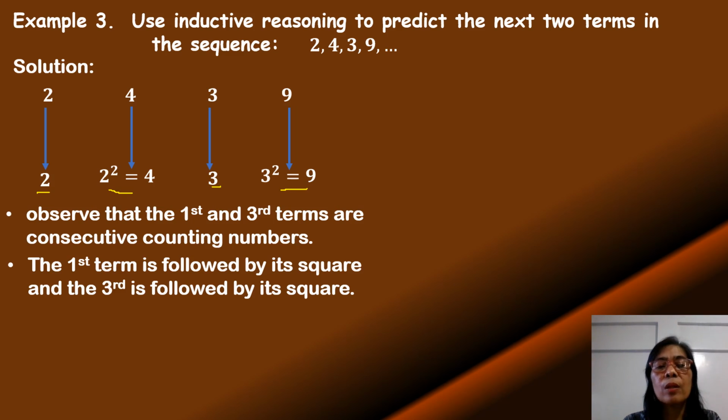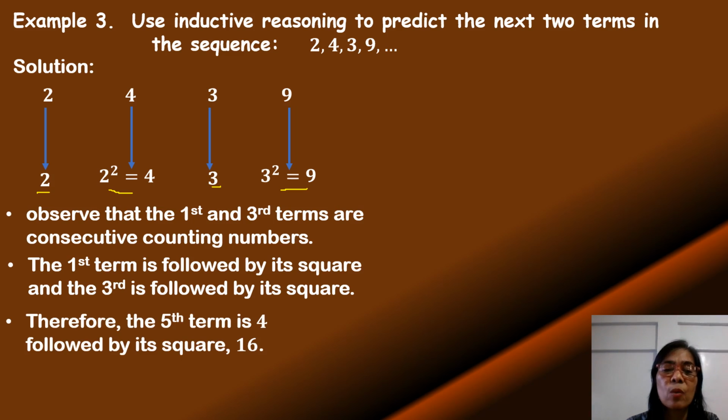If we summarize our observed pattern of the given terms in the sequence, we have an alternate arrangement of the consecutive numbers 2, 3, the next will be 4, and it is followed by the square of 4, which is 16. And so the sequence may be formed as 2, 4, 3, 9.